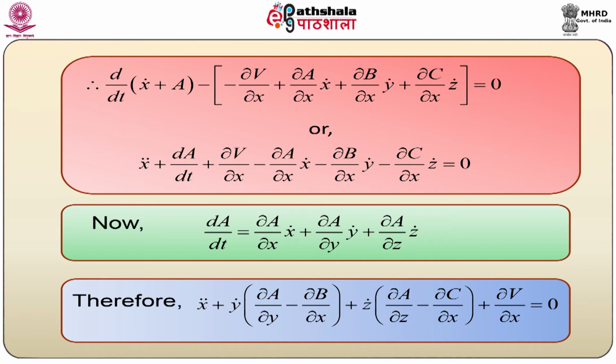Here we have used the chain rule of differentiation, since A depends on x, y and z and x, y, z are functions of time t. ẋ means dx/dt.